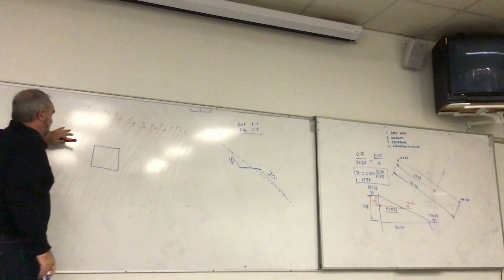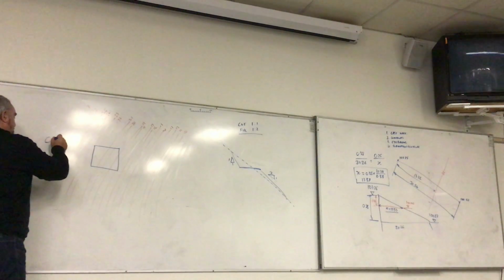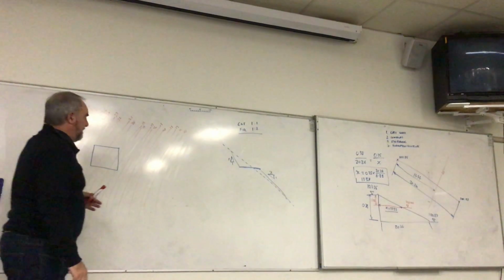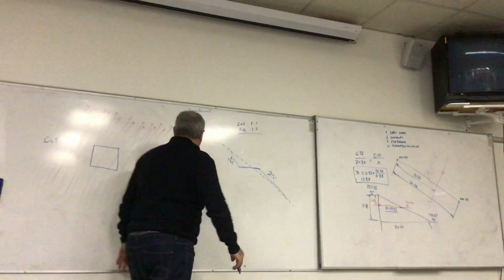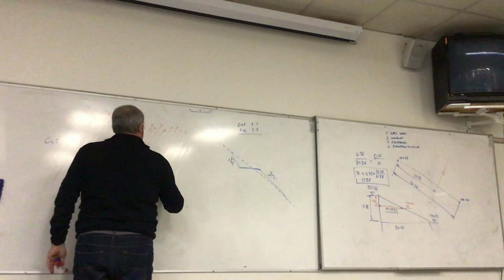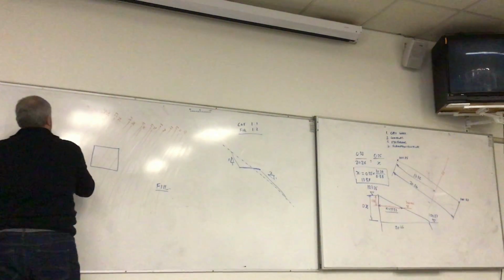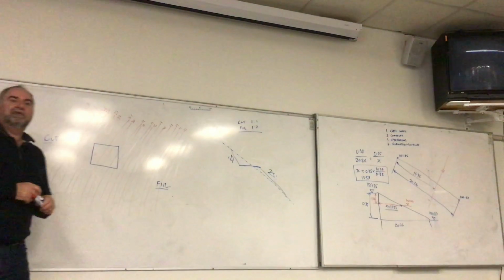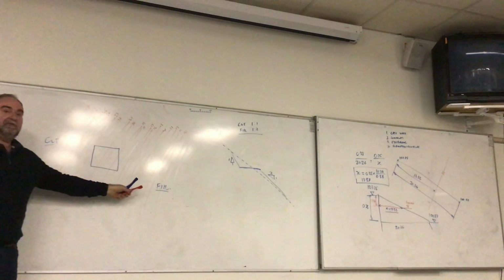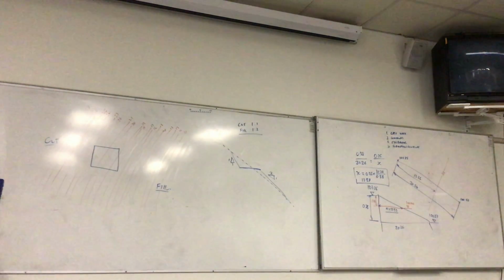So the cut is going to be on this side. And the fill is going to be where the existing ground is lower than the platform, so over here is going to be our fill. So that's the first thing we do with our platform design. Sometimes I get students hand in assignment 2 and that's the only thing they do is those 2 words, which means they've learned something, which is good.